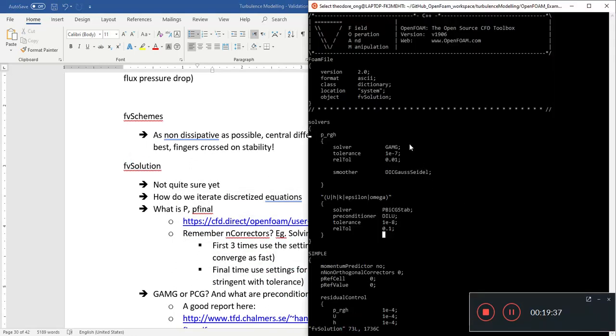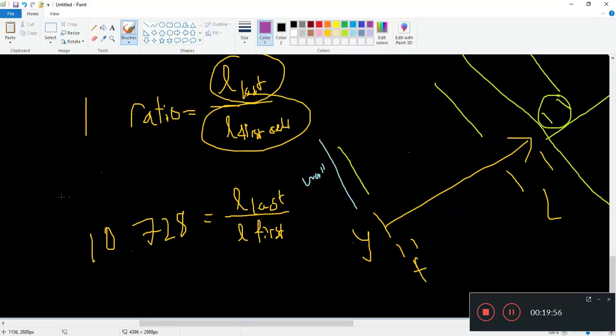So some of the iterative solvers are this generalized geometric-algebraic multigrid, GAMG. The basic idea is, when you solve your mesh, you have a certain mesh level.